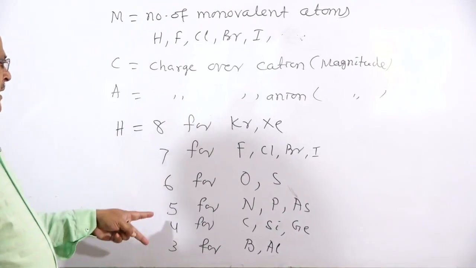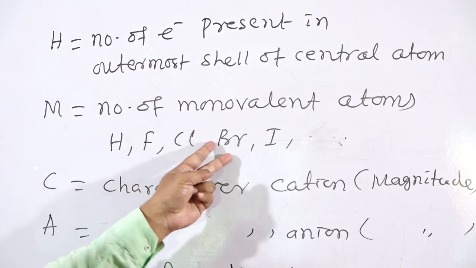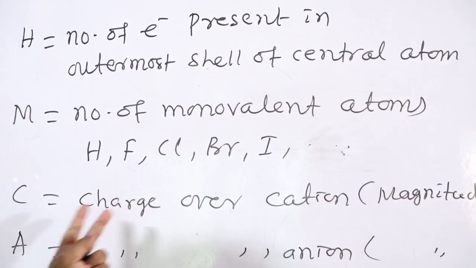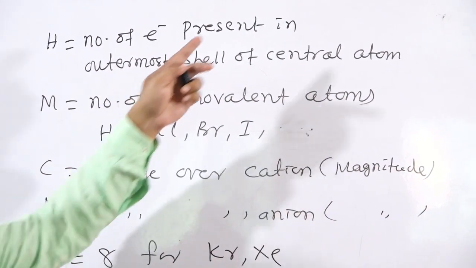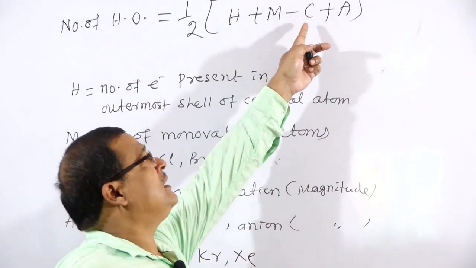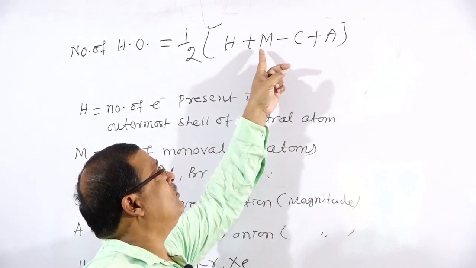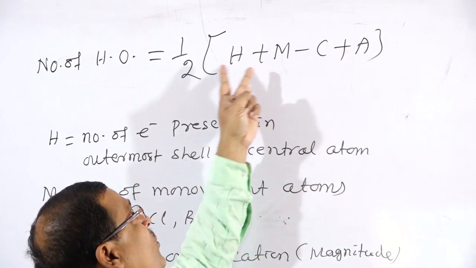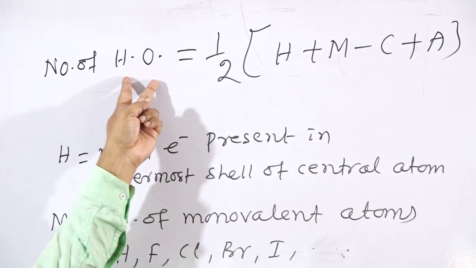So these are the values of H, and M stands for the number of monovalent atoms, C stands for cations, and A stands for anions. Whenever there is no cation, the C value is 0; no anion, the A value is 0; no monovalent atom, M is 0. We only have to apply this formula to determine the number of hybrid orbitals.